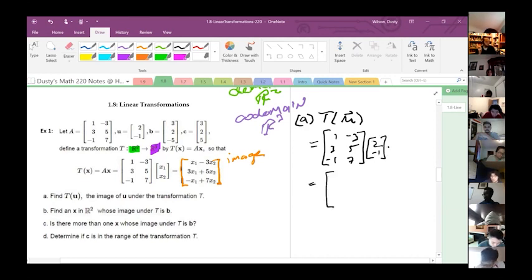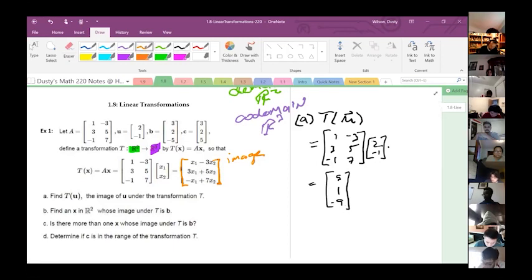To find the image, you're just going to multiply row times column. So 1 times 2 plus negative 3 times negative 1, which is 5. And then 3 times 2 minus 5 is 1. And then negative 2 minus 7 or minus 9.